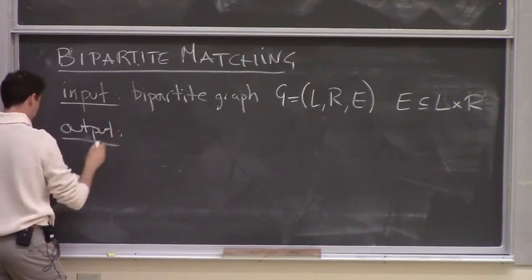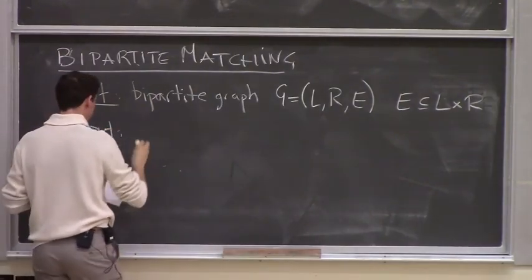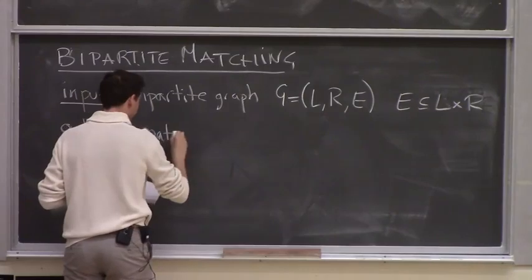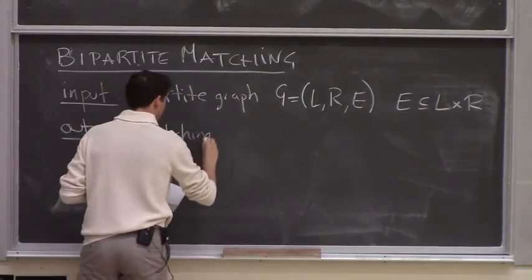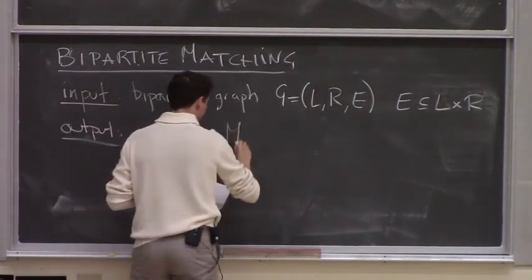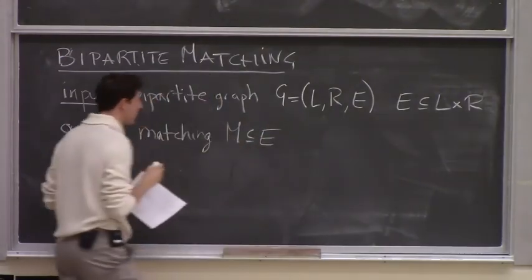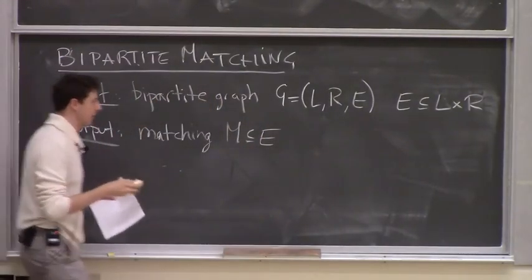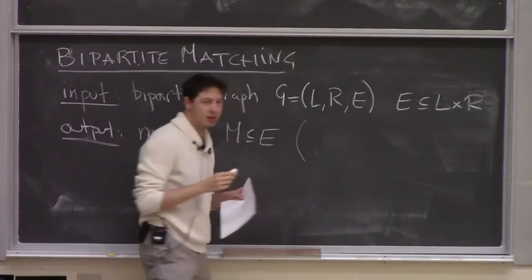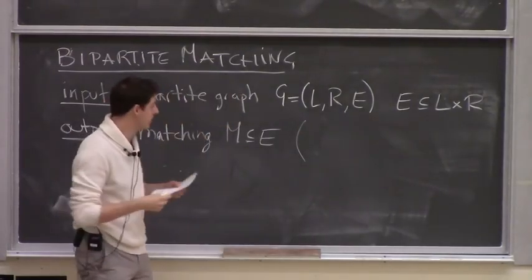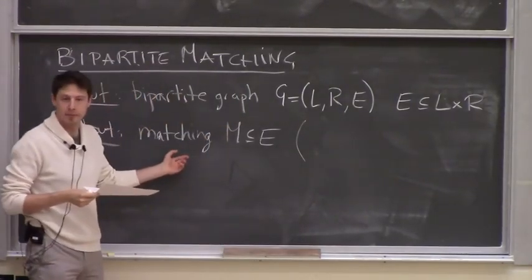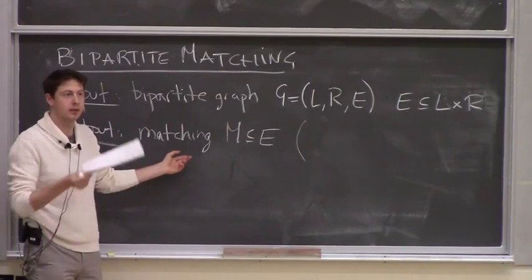And the output, what you want to do is output a matching. Syntactically, a matching is just a subset of edges that satisfies a certain property. So it's a subset of edges such that what? What do you think is a matching in this case? Yeah?